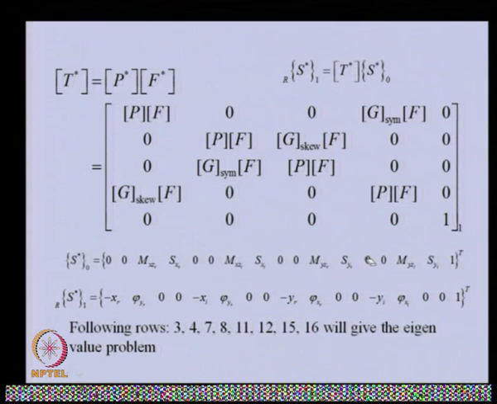So, these are the linear displacement and angular displacement. This is coming because of the fixed end condition, and at node 1 we have a free end. So, bending moment and shear force components will be 0 for horizontal real part, horizontal imaginary part, vertical real part and vertical imaginary part. So, these are the application of the boundary condition onto the state vector.